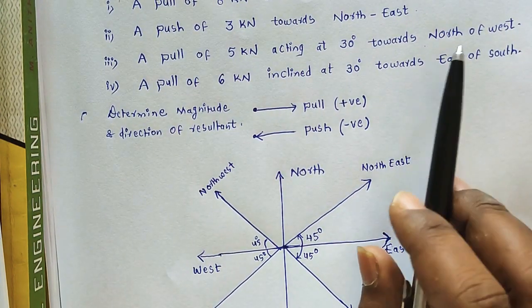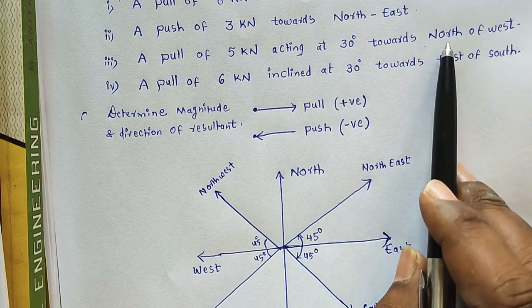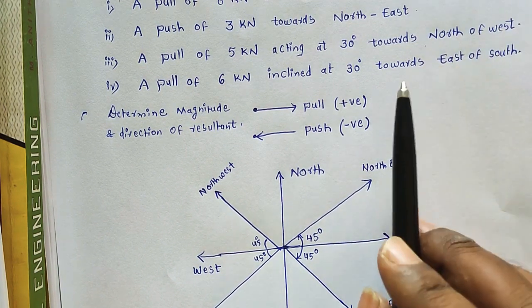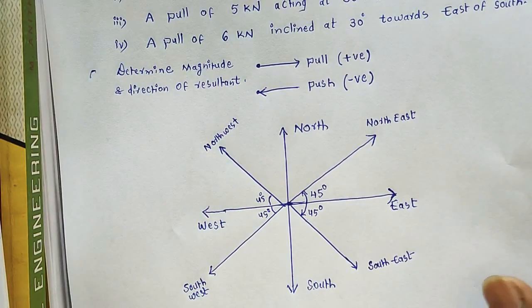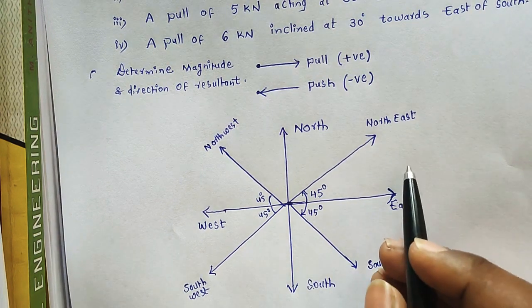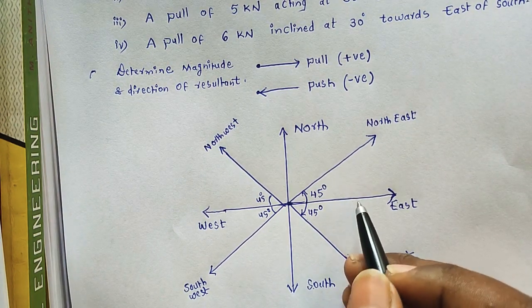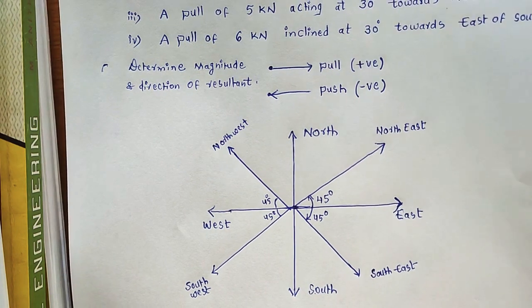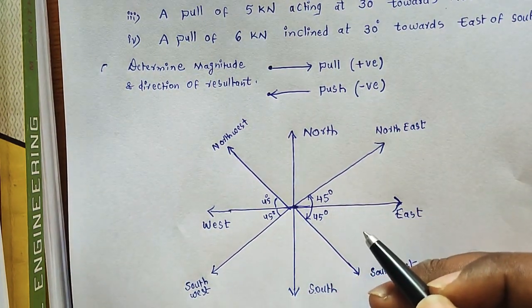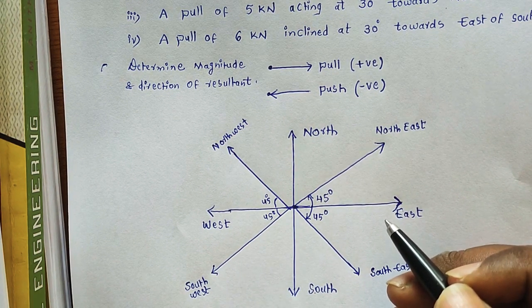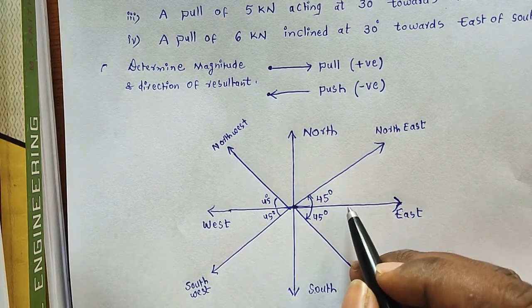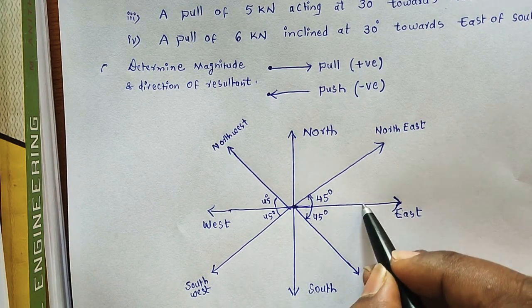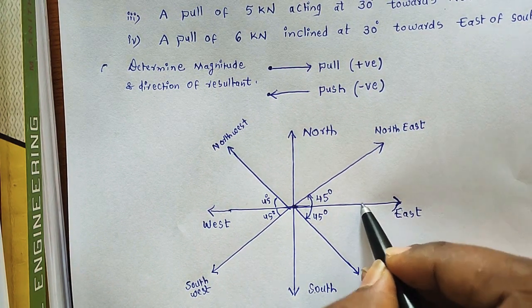Now one more terminology is there: north of west or east of south. So what is the meaning of this terminology? If any force acts from north of east or south of east or east of north or west of north, if anything has been given in that, then that means, for example, this one is east.